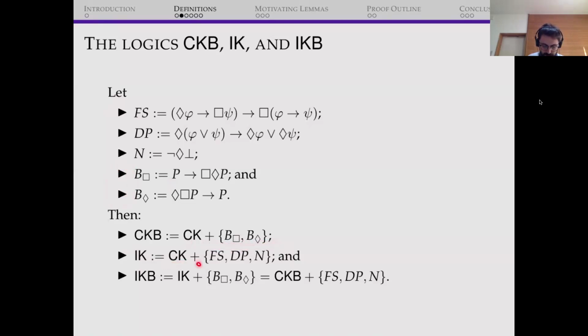IK you get by adding these non-equivalent versions of K, and IKB you get by either adding the B axioms to IK, or by adding the variants of K to CKB. This is just an equality. And of course all of these are closed under both modus ponens and necessitation.